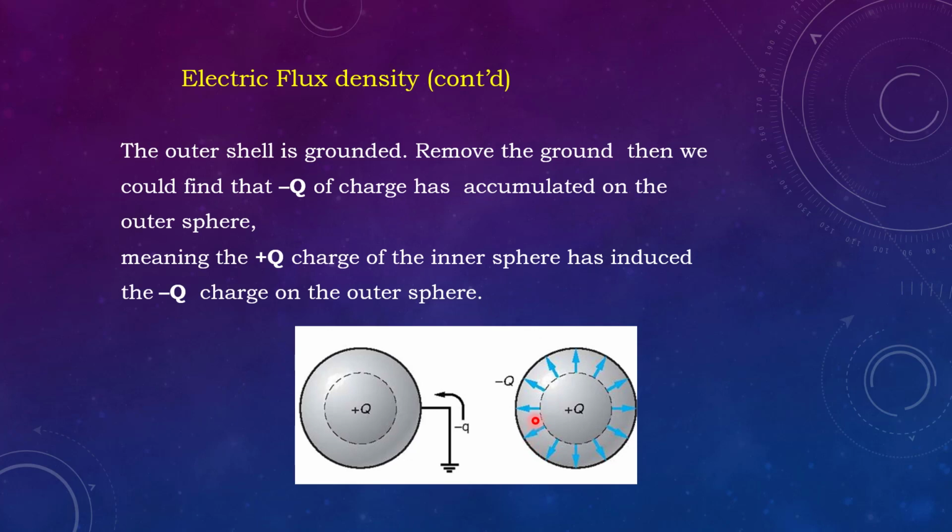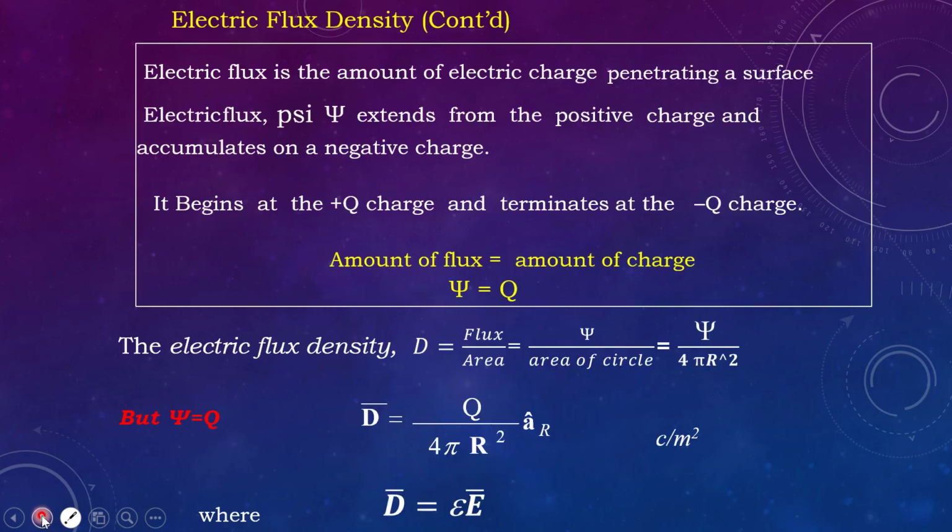Flux is what? Charge in terms of lines of flux. On the surface, the flux is present, and that flux divided by its area is called flux density. In electrostatics, it is indicated by a capital letter D bar. So what is electric flux now?